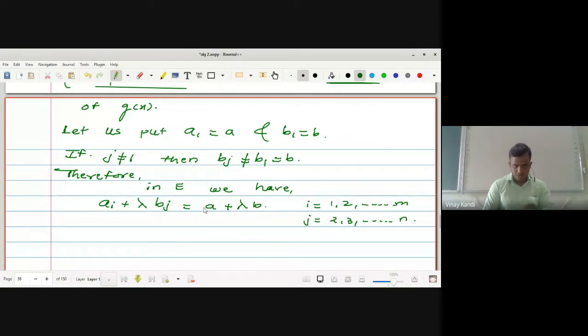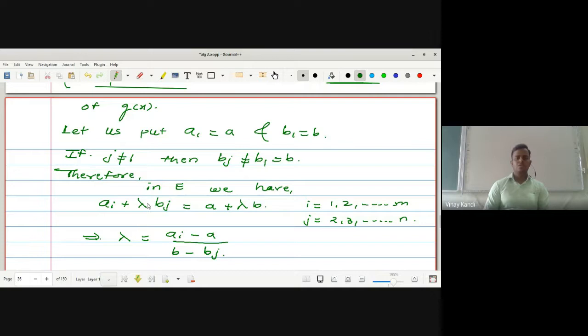So there is an explanation for this. This implies lambda is equal to ai minus a upon b minus bj.